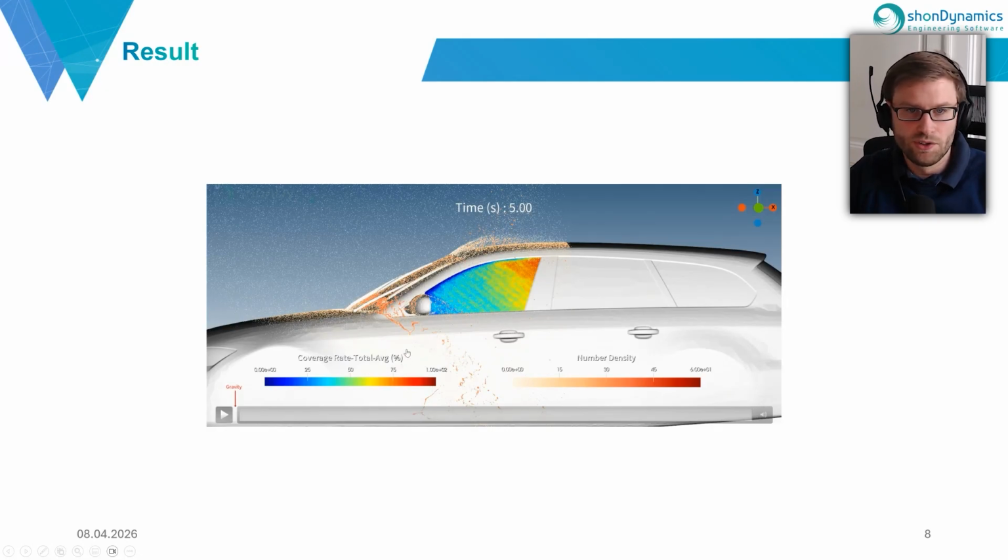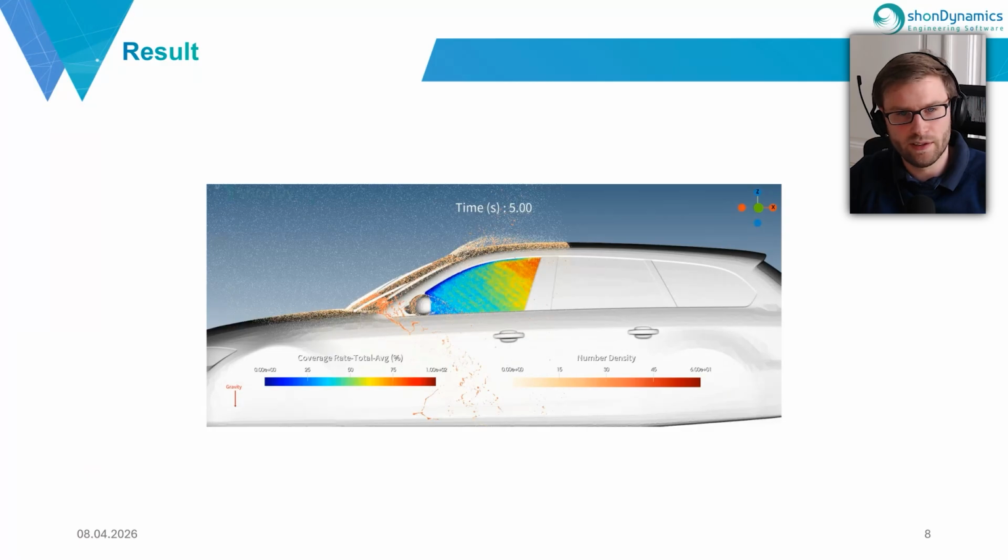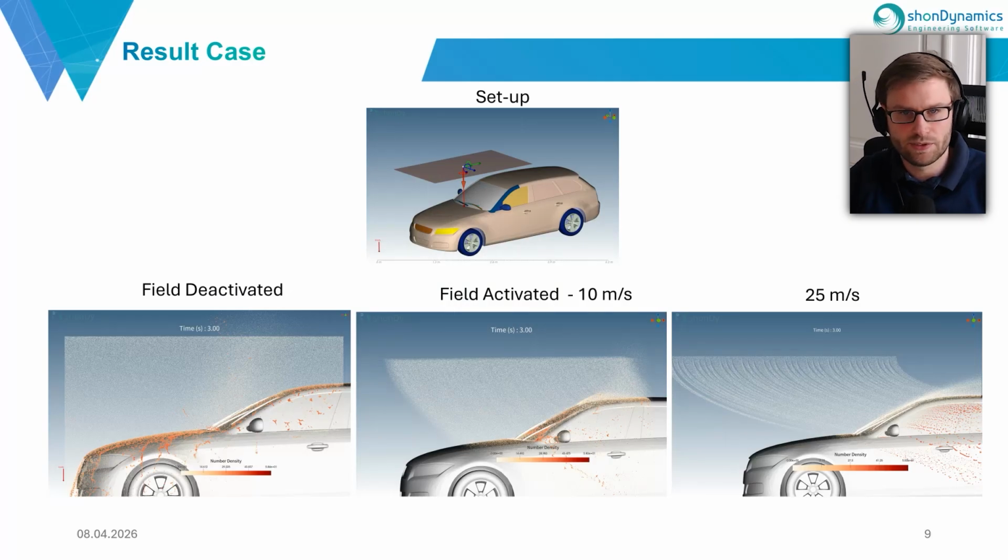And on the surface, I always used the coverage rate as a variable, and the coverage rate averaged over time. Because in one time step you can't see any patterns, so it's always useful to use the time average value of this kind of value, so you get some patterns of how the fluid behaves, and so on.